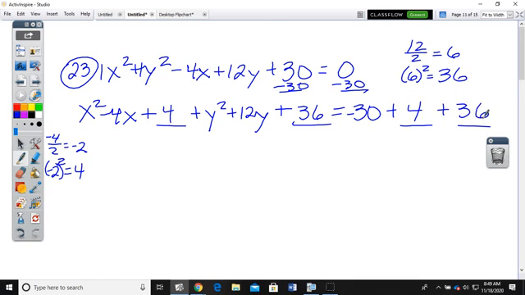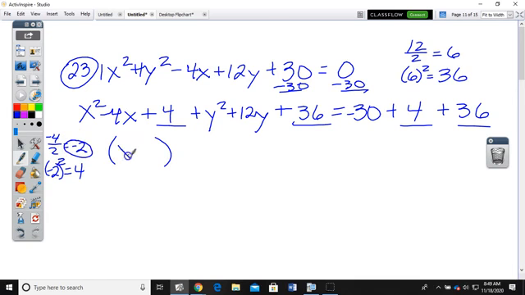And then you just simplify. This right here can be factored. What two numbers multiply to be 4 and add up to -4? -2 and -2. Or you can just remember it's always the number that you got when you divided it by 2. Does everybody see that?